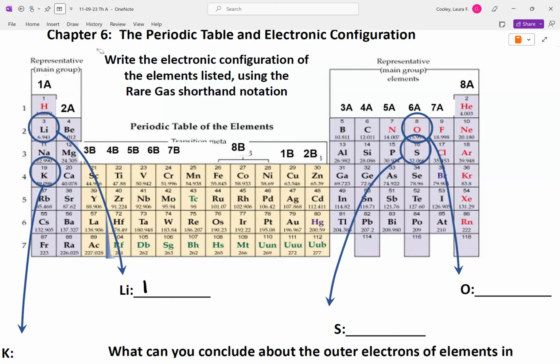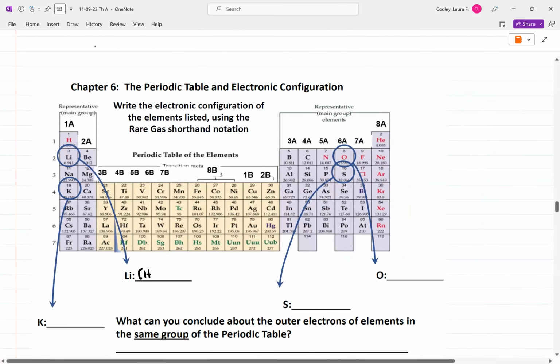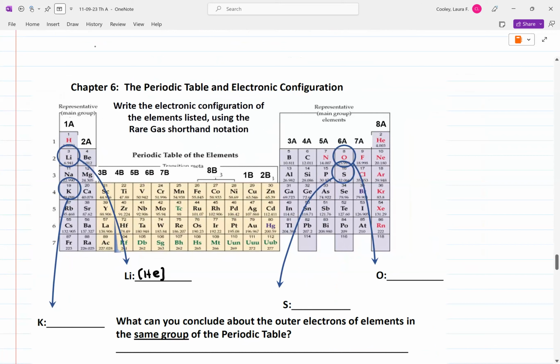Well, let's do the rare gas configurations. Helium. What do I put after helium in here? Well, helium fills the first shell, the n=1 shell. This is the n=2, so 2s1, right?